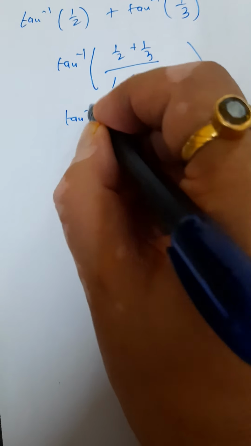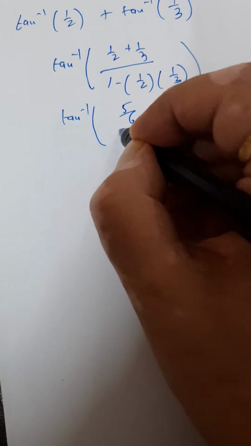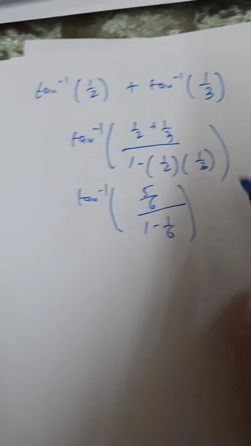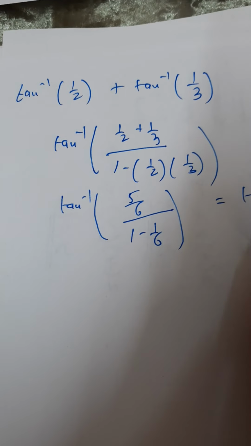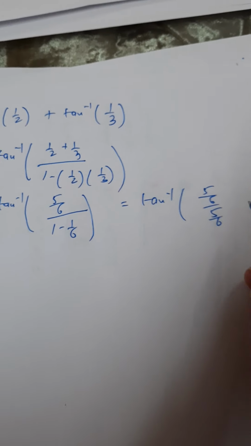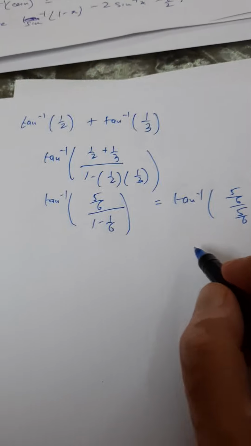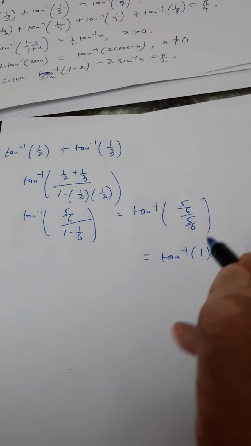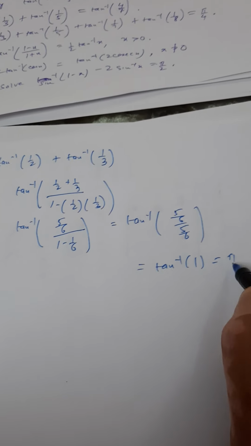So this will become tan inverse of 5/6 upon 1 minus 1/6. Well, this will be tan inverse of 5/6 upon 5/6. That is tan inverse of 1, that's pi by 4.